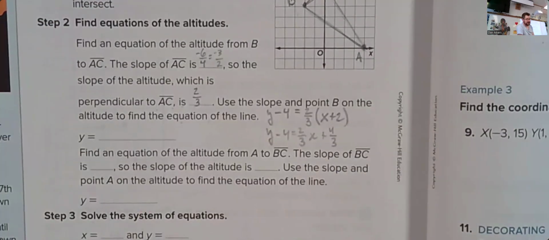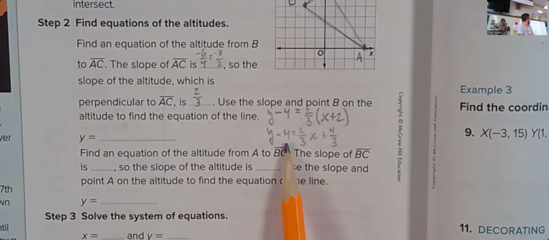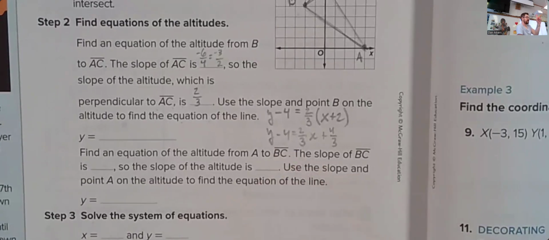And then the last thing we need to do to get y by itself is what? I just need somebody to tell me, how would we get y by itself? There's just one more thing to do. Add 4 to both sides, yeah.